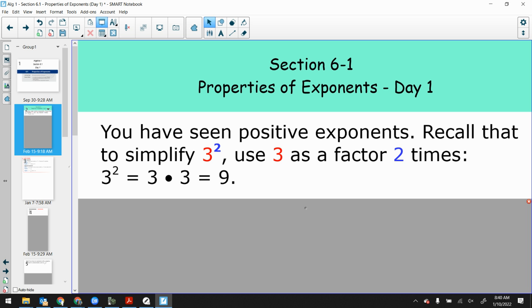Like 3 squared, 3 to the second power, is just taking the base of 3 and multiplying 2 times, right? 3 times 3. If I took 3 to the 4th power, I would be multiplying that base by itself 4 times: 3 times 3 times 3 times 3. Whatever the base is, you just repeatedly multiply the exponent number of times.